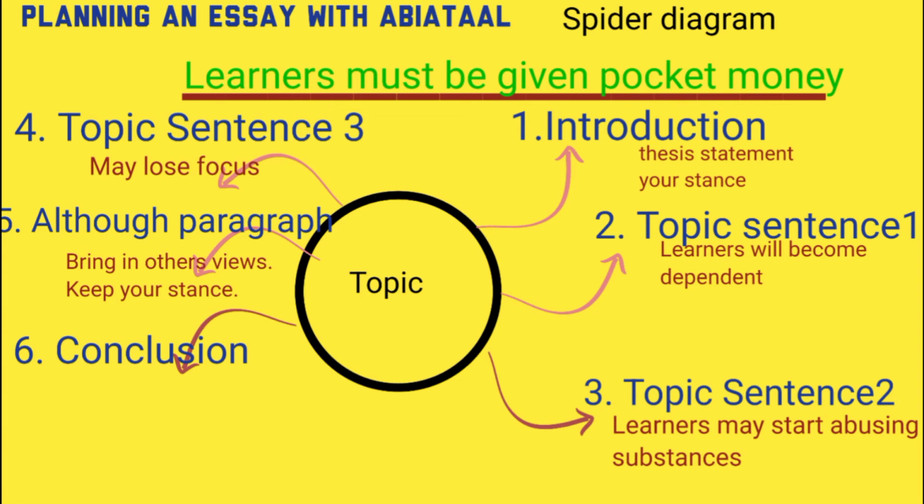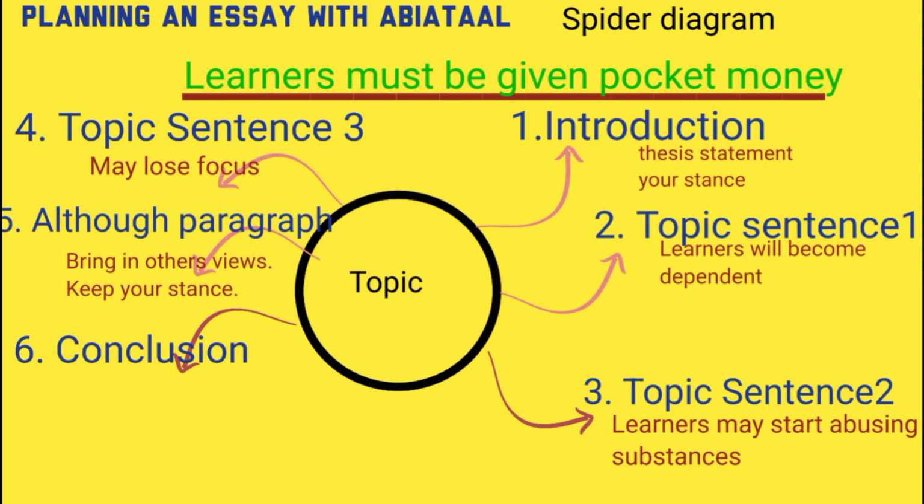Those statements are all supporting the topic. It's up to you to write creatively. I am directing you. You must read on creative writing. Then you improve so that you introduce your essay as beautifully as possible.